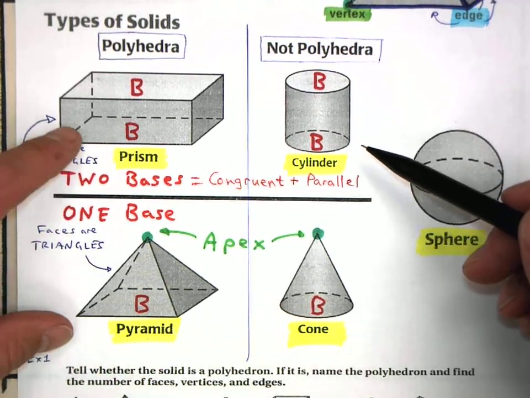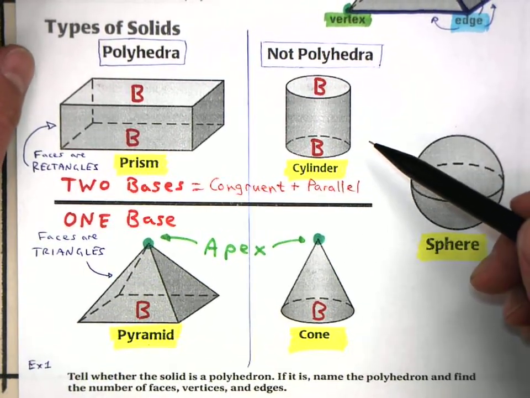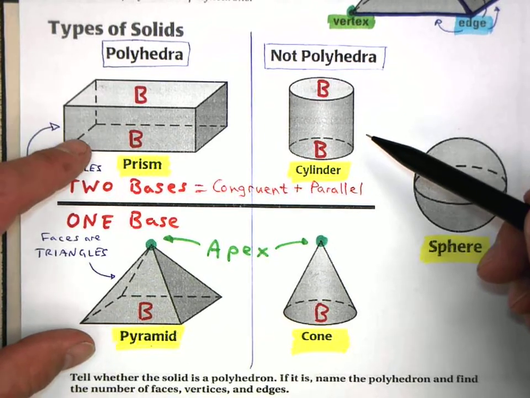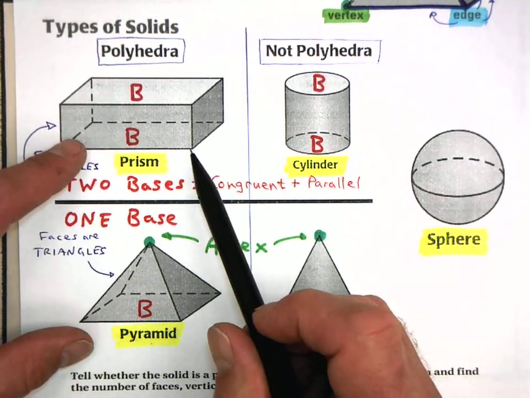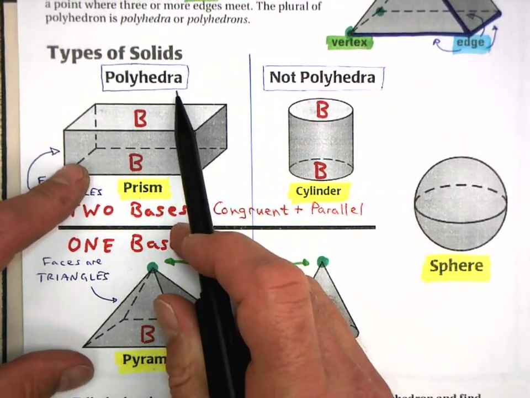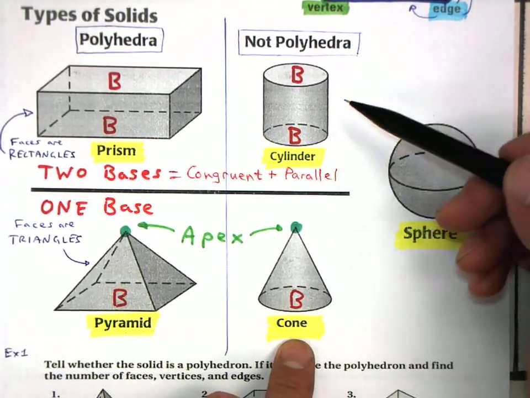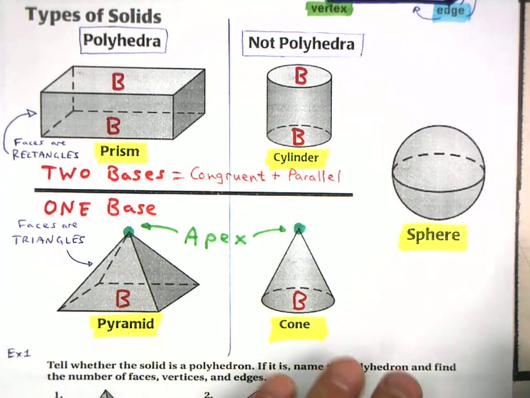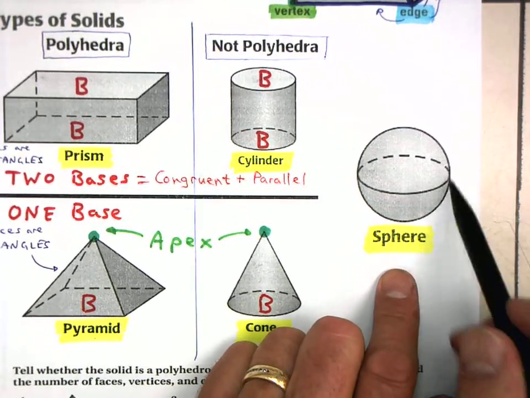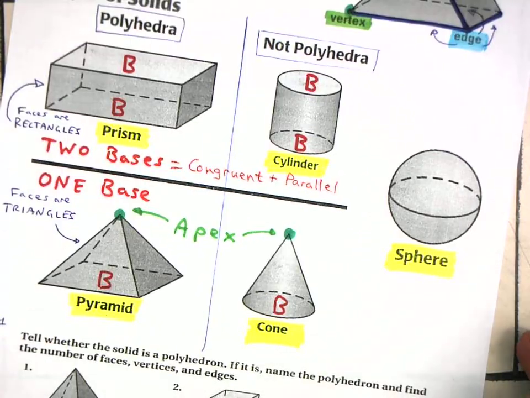I said polygons, didn't I? I meant polyhedrons. Prisms and pyramids are polyhedrons, or polyhedra is a better term, and cylinder and cone are not polyhedra. And of course also a sphere is not a polyhedron.